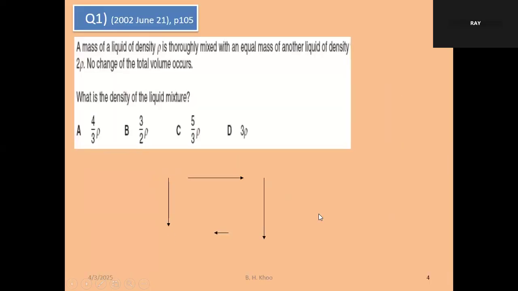Okay, try this one. Page 105, number 1. What's the density of the liquid mixture?